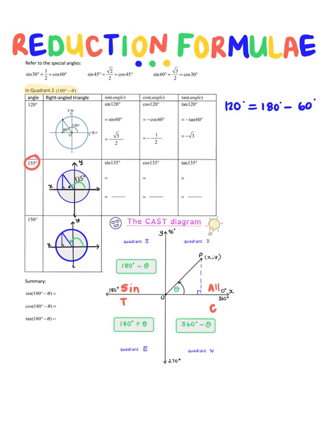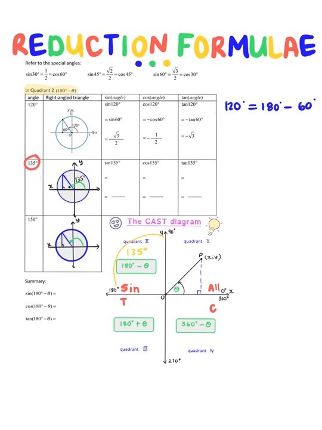But let's work together. So we're in quadrant 2, the 180 minus theta quadrant. I know that I'm in quadrant 2 because, do you agree with me that 135 degrees definitely lies in this area? It lies between 90 and 180 degrees.